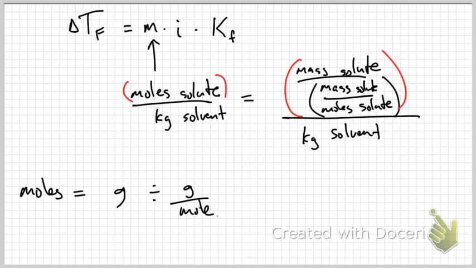So we want to know the moles. We know the mass, we don't know the molar mass. So then this unpacks into grams divided by grams per mole. The numerator is the same in both of these.